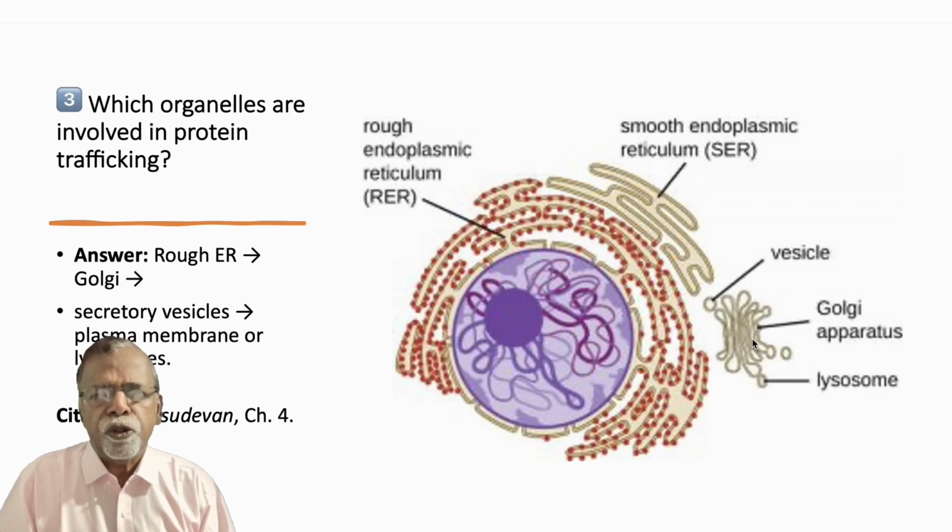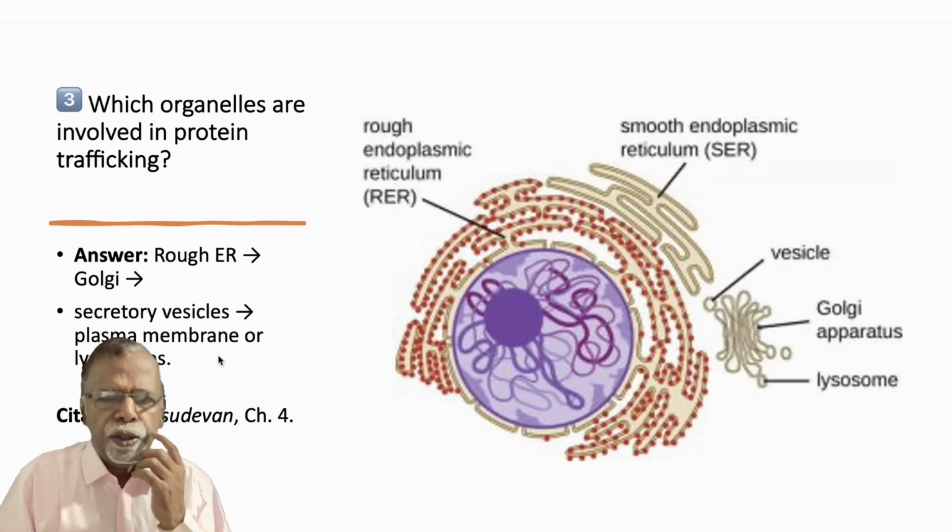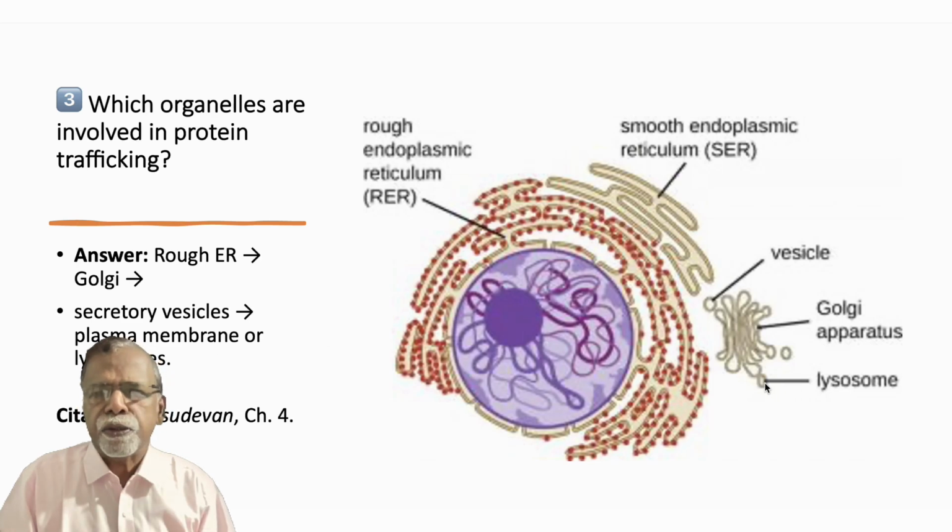The Golgi apparatus modifies the proteins, then goes to the secretory vesicles. So here you can see the secretory vesicles. Then from the secretory vesicles it goes to the plasma membrane or to the lysosomes. Its enzymes, it goes to the lysosomes. So this is the protein traffic. So rough endoplasmic reticulum to the Golgi apparatus, to the secretory vesicles, and then to the lysosomes.